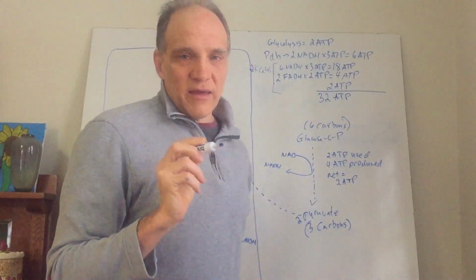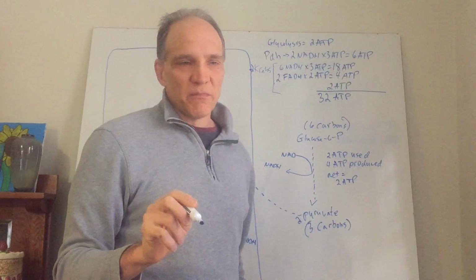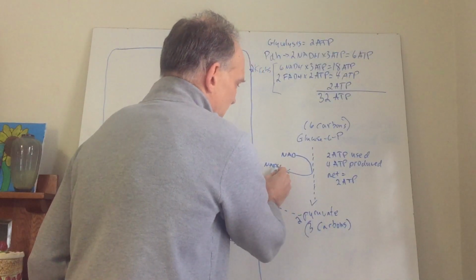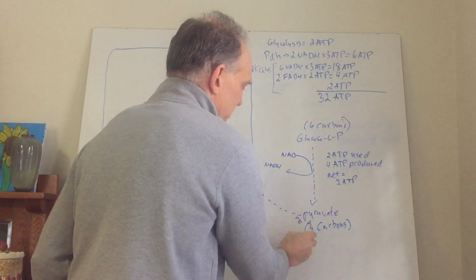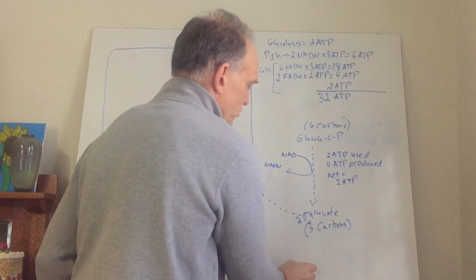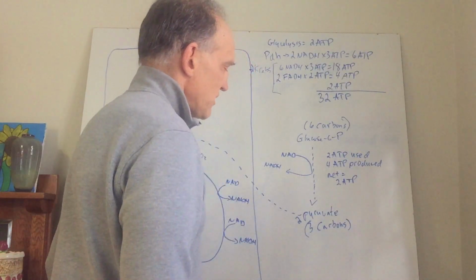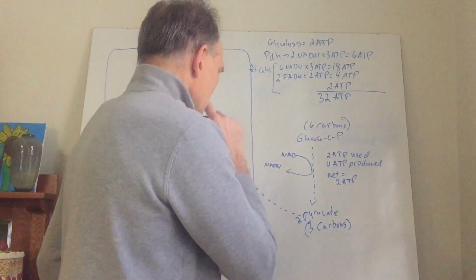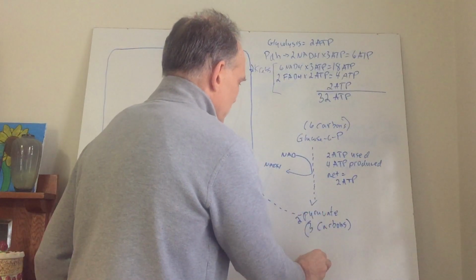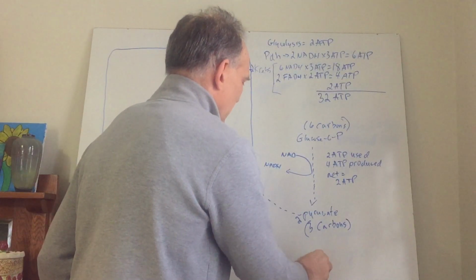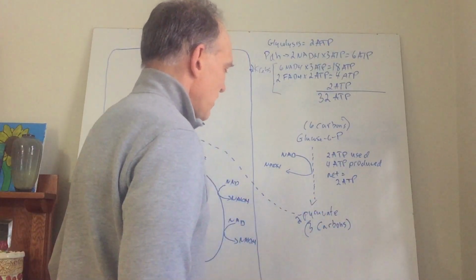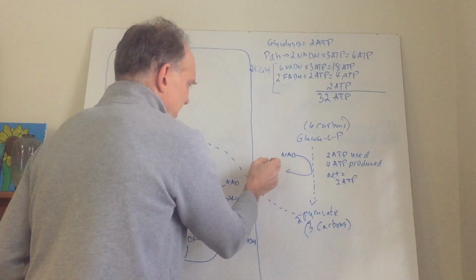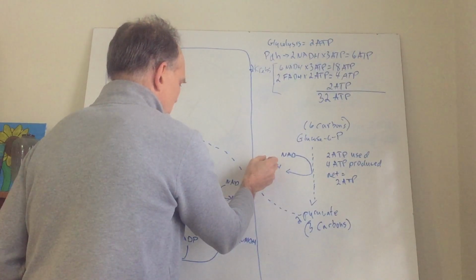Now, if you don't have a lot of mitochondria in your muscle fiber and you end up producing lactate from pyruvate, that NADH will come down here, donate its hydrogen to pyruvate, and then you get formation of lactate. So from pyruvate to lactate, you get addition of a hydrogen onto pyruvate. If you do have a lot of mitochondria, this NADH ends up going to the mitochondria.